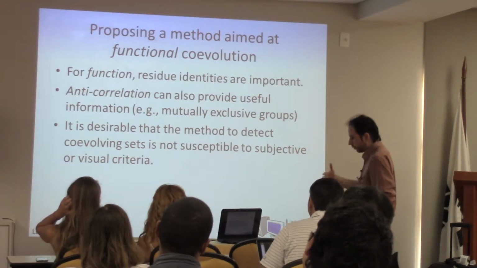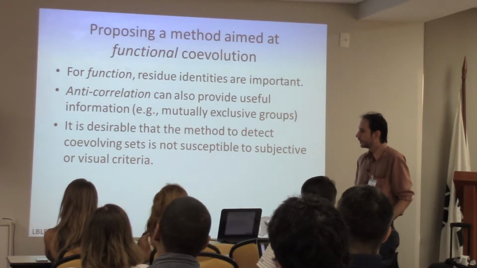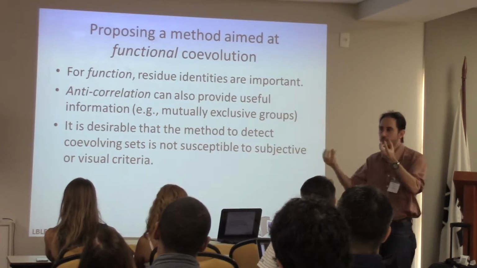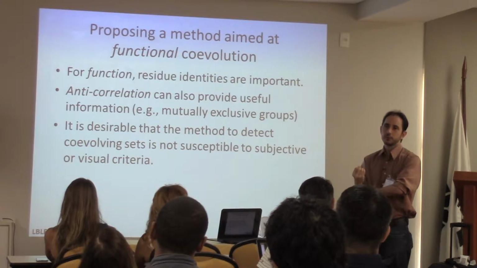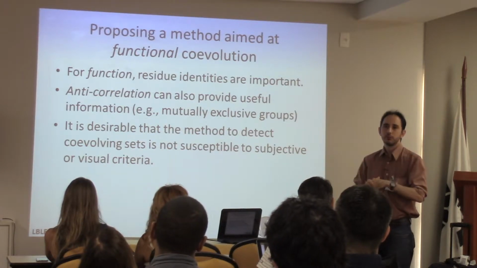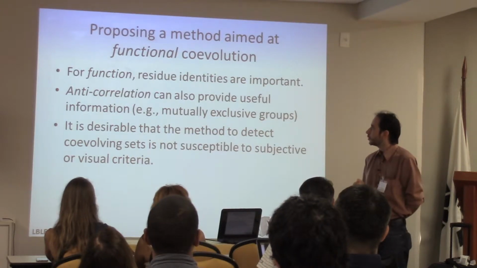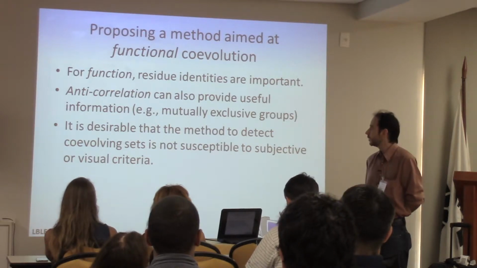And the way we explore this property is by doing things that were not done in other methods. For example, most methods just focus on the signal between two different positions. But for function, the identity of the residue is important. We know that some residues may be related to given functions, others don't. So the method is specifically based on residue identity and position.